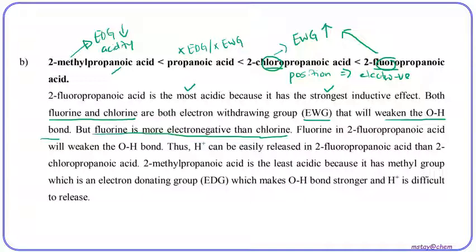Therefore, the bond is much weaker and it is easy to release H+. 2-methylpropanoic acid is the least acidic because there is a methyl group, and this methyl group acts as an electron donating group, making the bond stronger, and H+ is difficult to release. So that's why the acidity is the lowest.